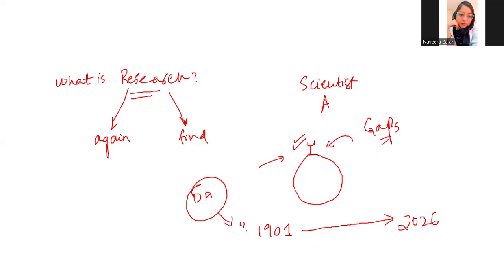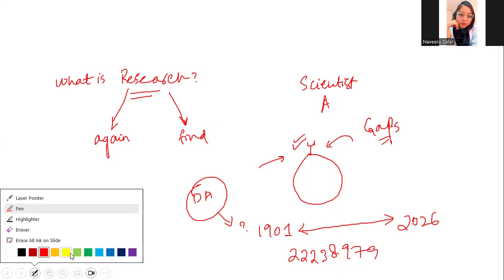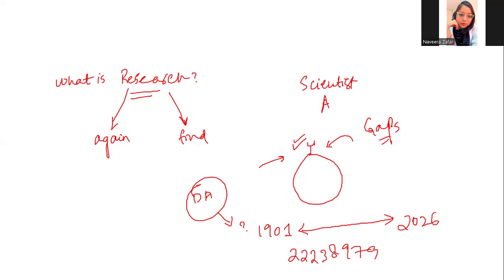Let's suppose that in this time frame there are a lot of articles, say 2,379 articles. So how are you going to make the difference?